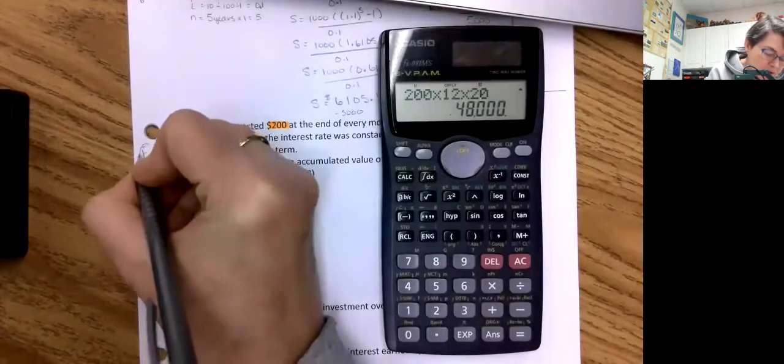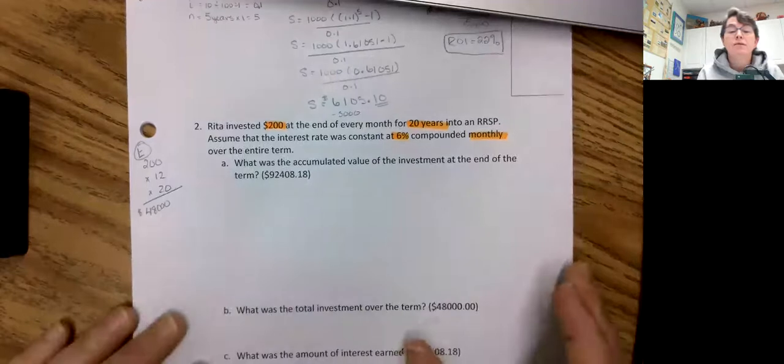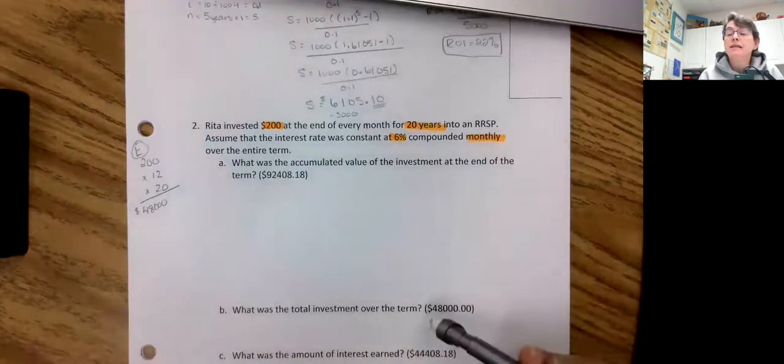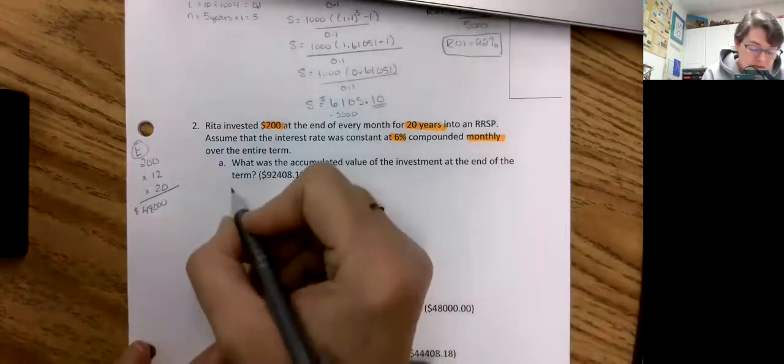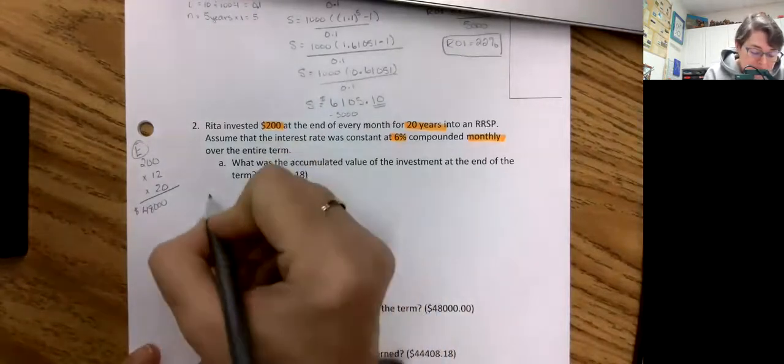Put a big old E on top of that for my estimate. You don't have to do that, but it makes me happy. If Rita just put those in a cookie jar in the kitchen or in her sock drawer, that's how much she would have in 20 years. Let's see what the math says, because she's putting it in an annuity.